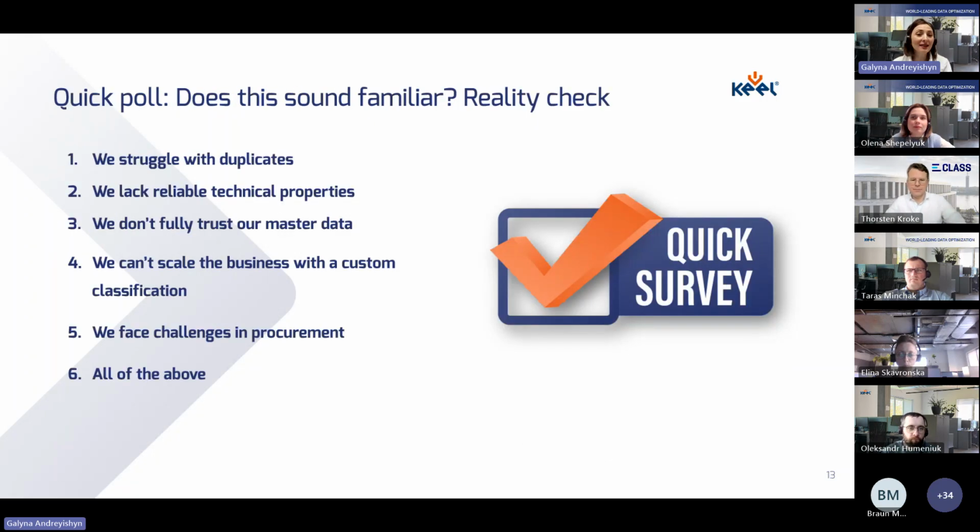And actually, before we move further, let's do a quick reality check. Please take a look at these statements and choose the number. I think you have received the poll already. We are welcoming you to choose one of the numbers of definitions, what is really relevant to you.